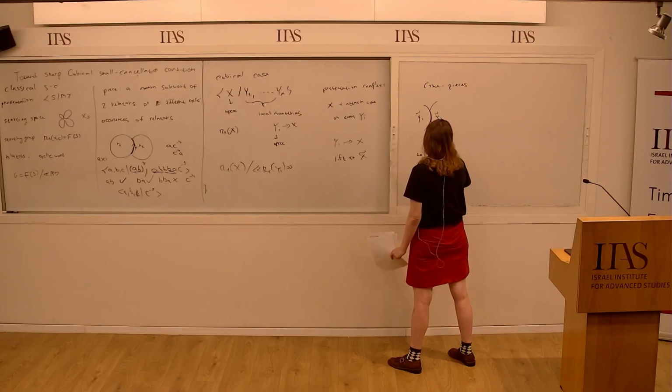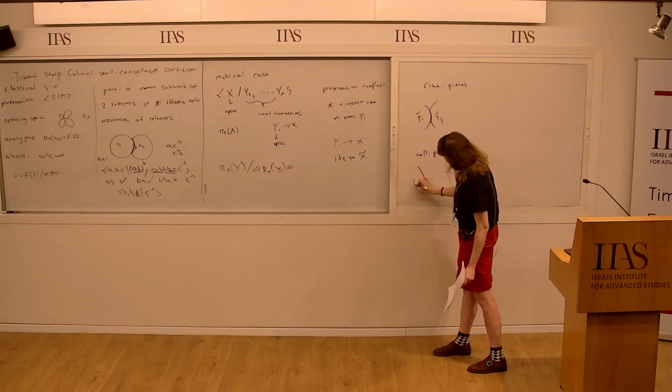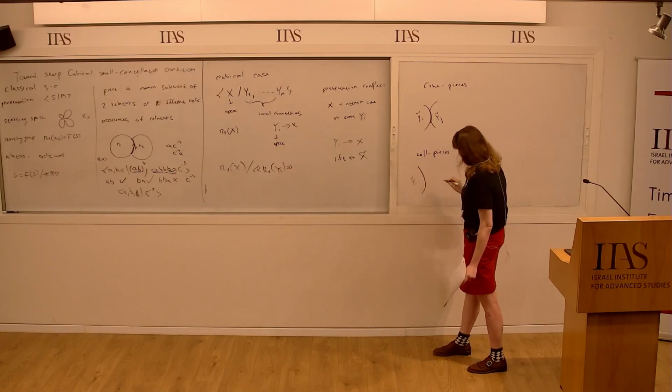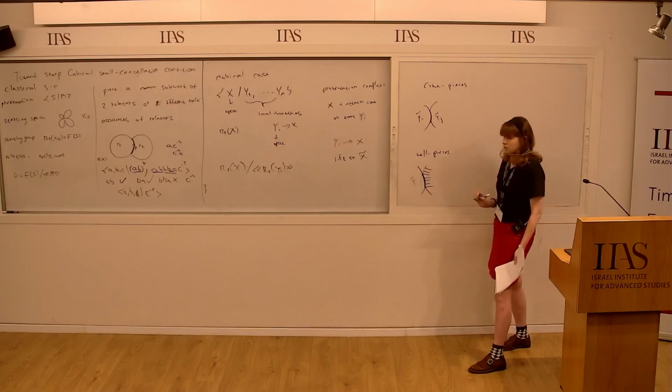I'm not going to define it exactly because it will take a lot of time, but I can draw a picture. So if we have a relator and a row of squares, then this part that they share is a wall piece.